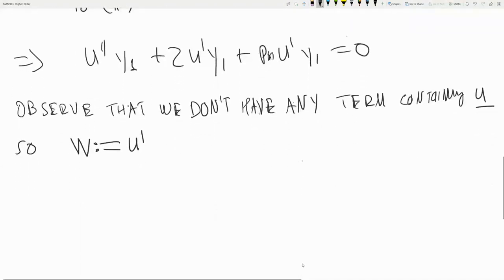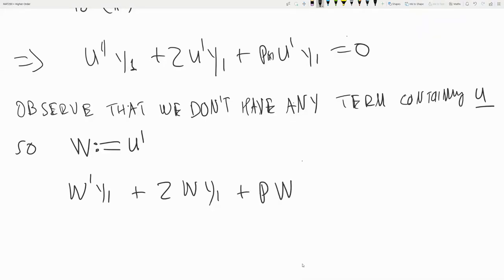And if we do that, the equation becomes w prime y1 plus 2 times w y1 prime plus p w y1 equal to 0. Okay, so if we find w, we will find u prime, and by integrating, we will find u.